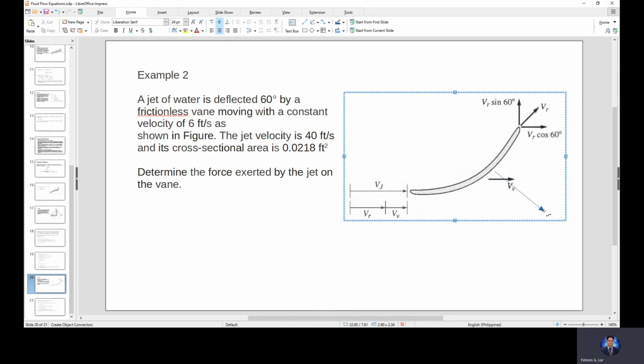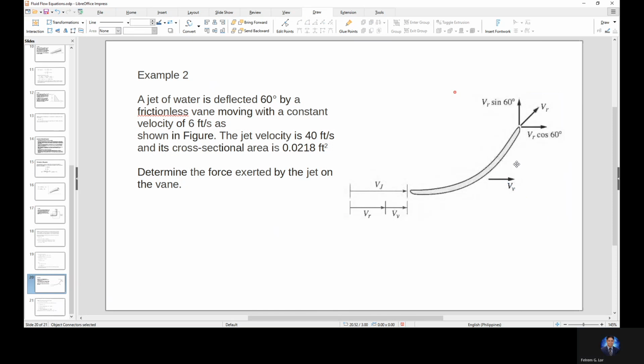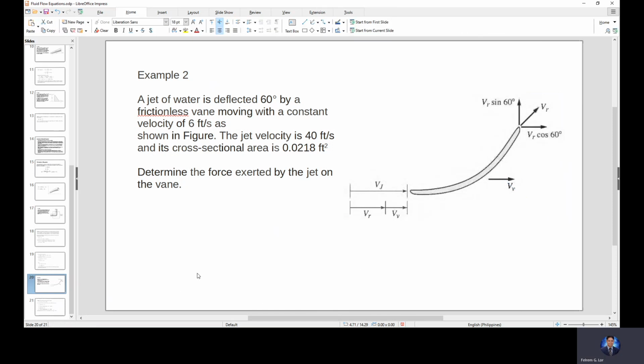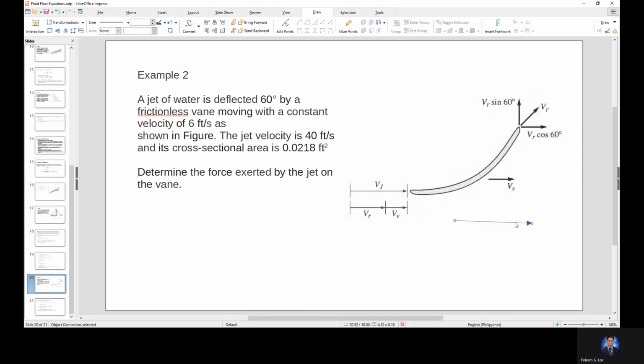Actually, it's 60 degrees from the horizontal. Actually, it's perpendicular to the direction of the vane. It's perpendicular because the vane goes 60 degrees upward, while the force is 60 degrees downward. Okay?